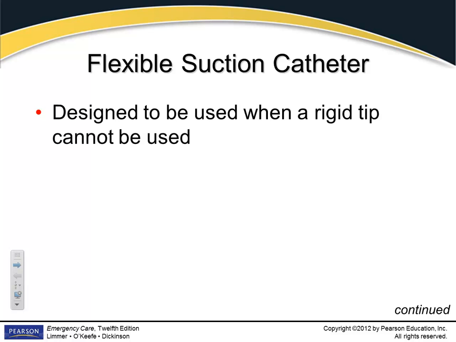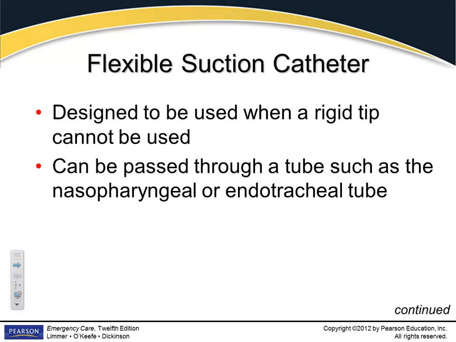Okay. I mentioned using the suction catheter, the little flexible tube, without the tip if you need to. Now we have what we'll call a French catheter, and I'll have one tomorrow.